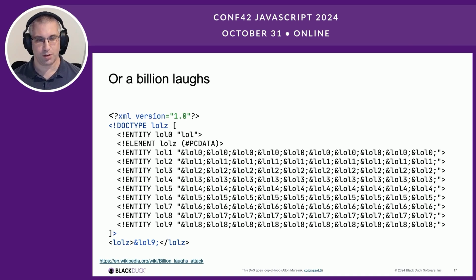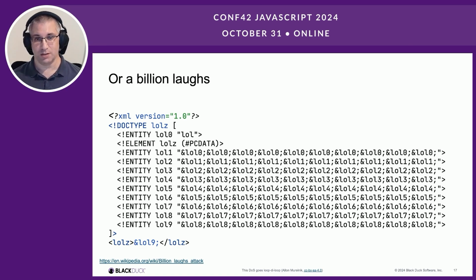But if we look at the definition, lol9 is made up of 10 lol8 elements. lol8 is made up of 10 lol7 elements, and so on and so forth, till you go back to 10 to the power of 10 elements. And it's really not hard to imagine that with a textually really small XML, you can expand this to something really large in memory.